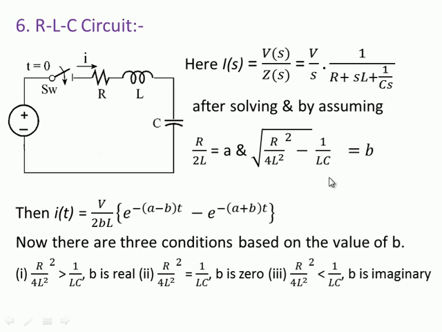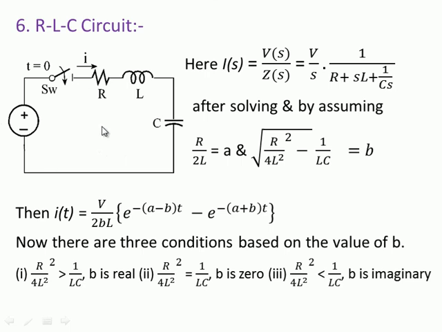Then after solving and by assuming two terms, R by 2L is equal to A and under root of R squared by 4L squared minus 1 by LC as B, i(t) will come as V divided by 2BL times e raised to the power minus (A minus B)t minus e raised to the power minus (A plus B)t. That is the value of the resulting current just after closing this switch.